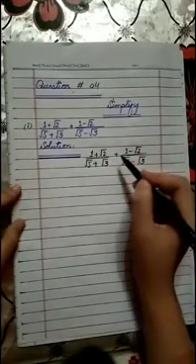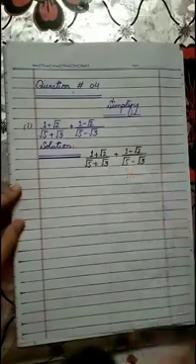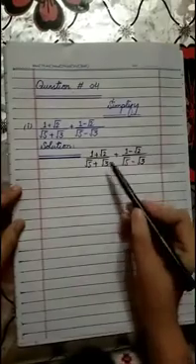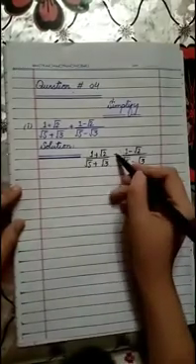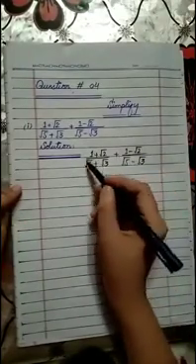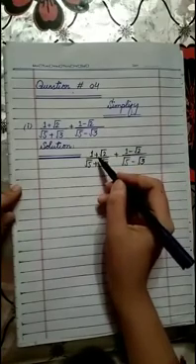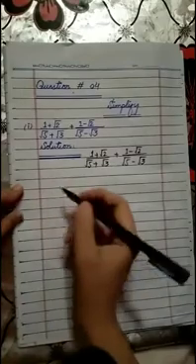We have to simplify the whole term. First of all, we will rationalize them one by one, because these are two terms separated by a positive sign between them. So we will rationalize the first value and then the second value. Both values must be rationalized first.